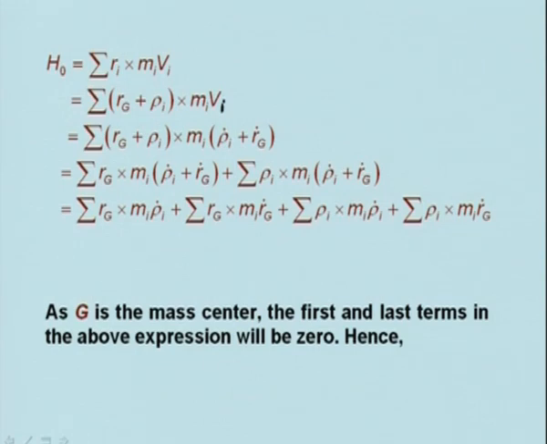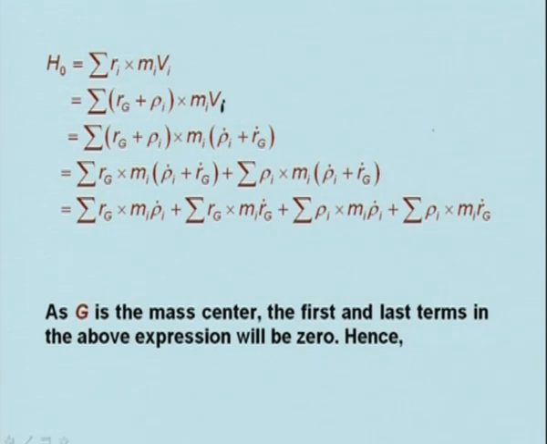This is equal to sigma Rg cross mi rho dot_i plus sigma Rg cross mi r dot g plus sigma rho_i cross mi rho dot_i plus sigma rho_i cross mi r dot g.